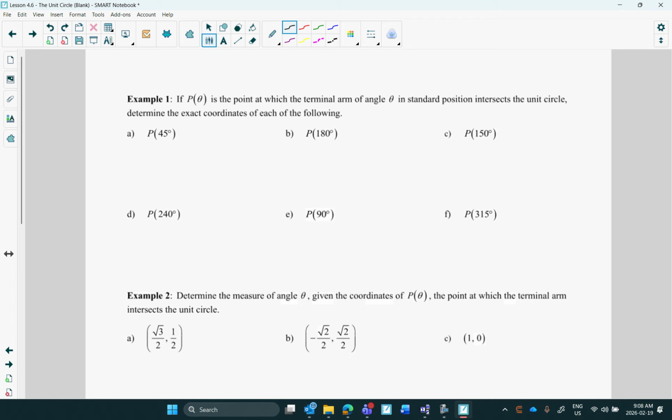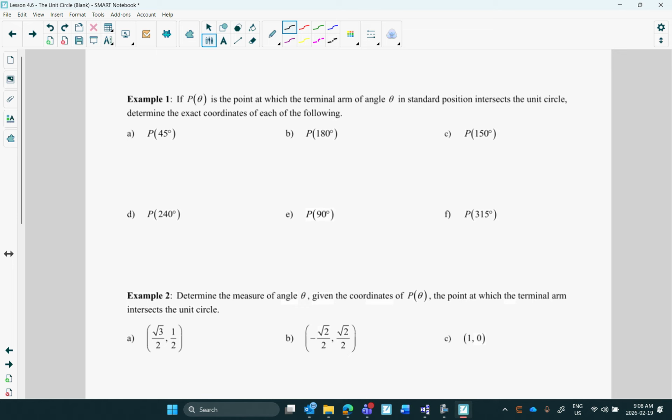So just to show you what I think when I see something like this, there's 2 ways you could ask. I could say, at a 45-degree angle on the unit circle, what's the point it hits? That's what we're asked to find here. Or I could ask it the other way around. A point on the unit circle is this. What's the corresponding angle?